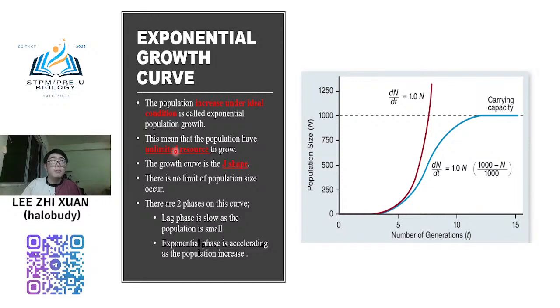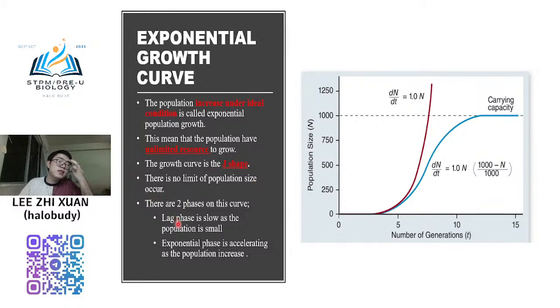It is perfect. So this can only occur in this situation, so that the organism can reproduce and give birth to many offspring without any obstacle, because there is no predator at all and the resources are unlimited. So that there is no limit to the population size.